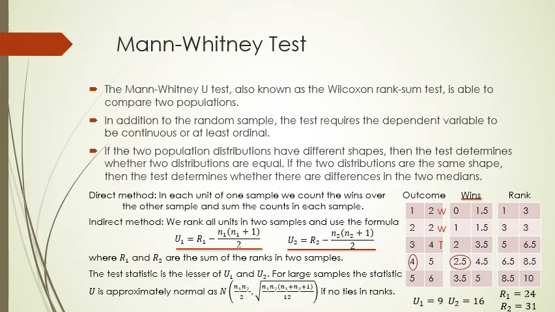Using the formula again, we have U1 is 9 and U2 is 16. The test statistic U is the lesser of U1 and U2. Again, we do not have a simple function to describe the sampling distribution. Fortunately, for large samples, the statistic U is approximately normal when the mean is n1 multiplied by n2 divided by 2 and the standard deviation is this if there are no ties in the ranks.